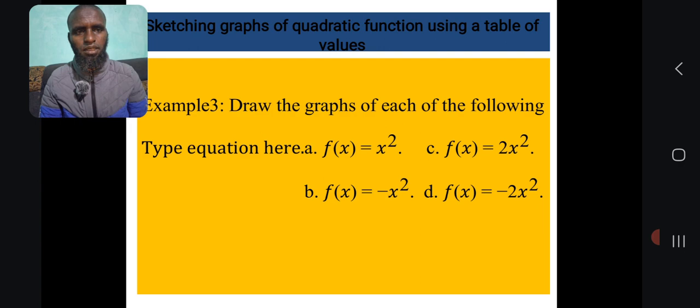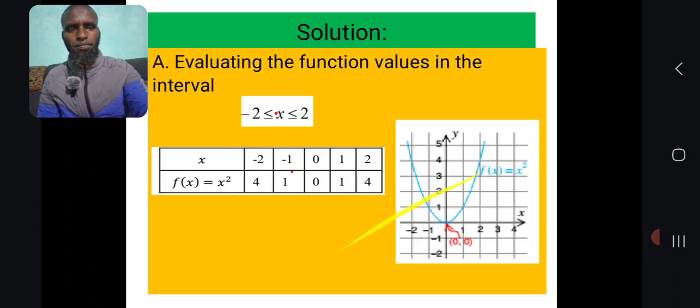At the same time, in the other parts, in part b, we have minus 1 as the value of a, in part c, positive 2, and in part d, minus 2.